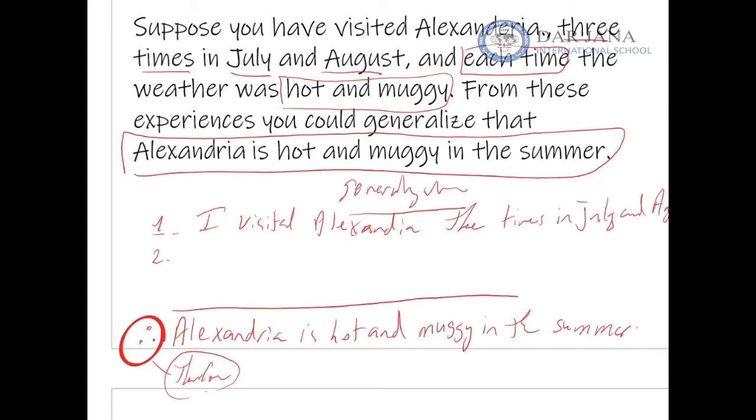Number 2, which is stated in the passage above, is that each time the weather was hot and muggy.